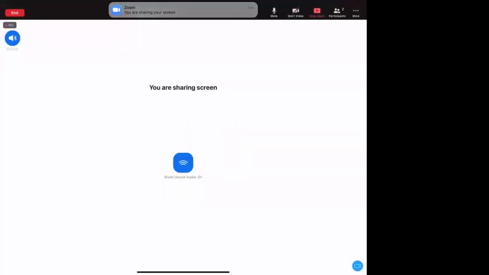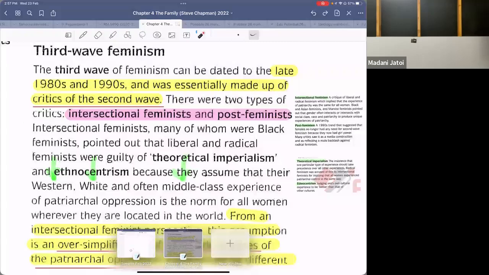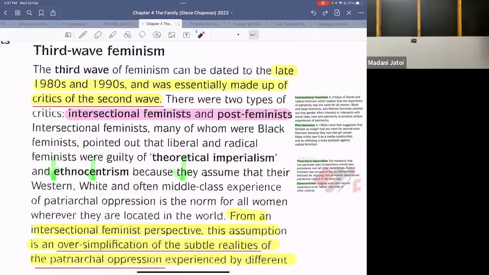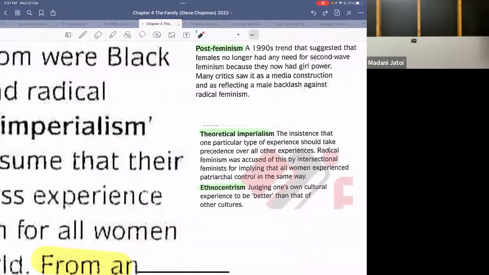I mean, theoretically, it makes sense. They're on the screen.